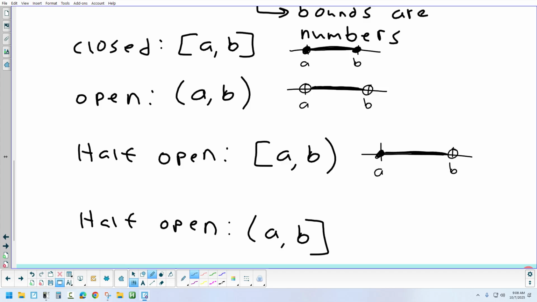So that would mean you could pick a number between A and B. You can include A in the numbers you pick. You cannot include B. Okay, and the last one. Again, you're picking numbers between A and B, but this time you're not allowed to choose A, but you can choose B.